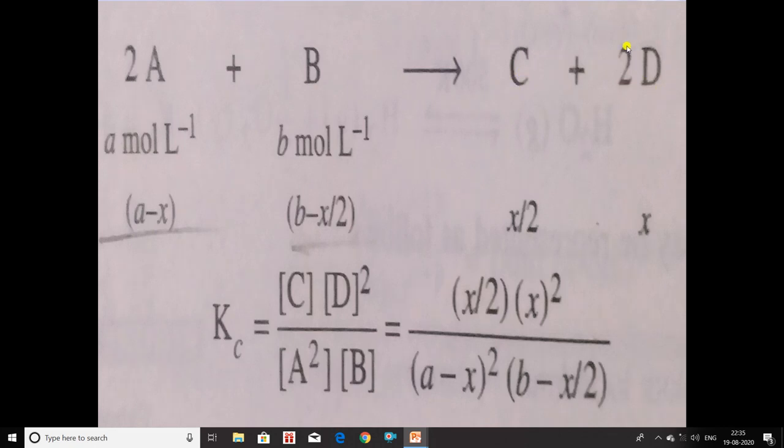Here we will assume 2 moles equals x. Now here there is 1 mole, so you will write x by 2, that means half of this, because for 2 it is x, and for 1 mole you will write x by 2.